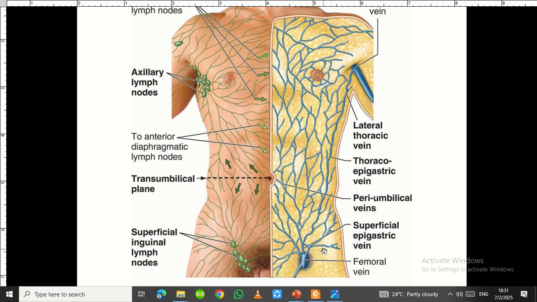So what is important is the superficial epigastric vein, because the superficial epigastric vein will actually anastomose with the lateral thoracic vein of the axilla. Remember, this is the axillary vein. It's going to give the lateral thoracic vein, and the lateral thoracic vein will join with the superficial epigastric vein and form what we call a thoracoepigastric vein. Right? Good. Why is this important?